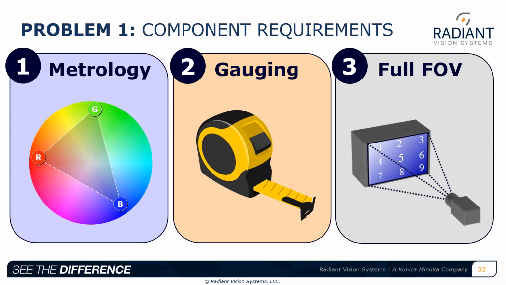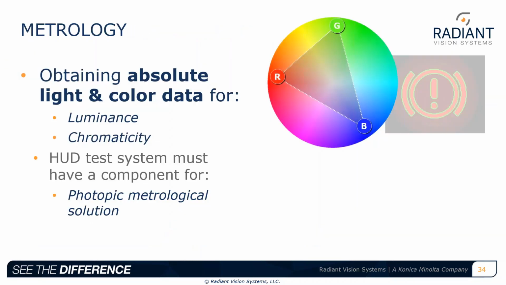You also need to understand the projection distance, the image size of the information, distortion, and ghosting that might be apparent within your technology. And finally, if you don't want to move your test information from point to point, you need a solution that can characterize all of this in a single shot that can analyze the full field of view of the distribution of your head-up display.